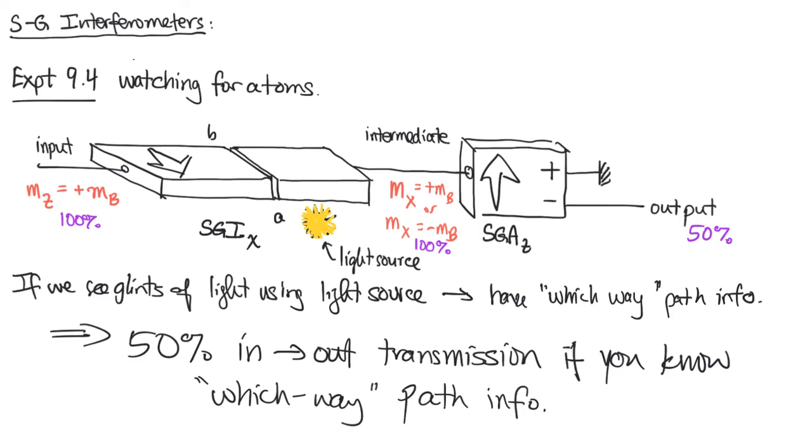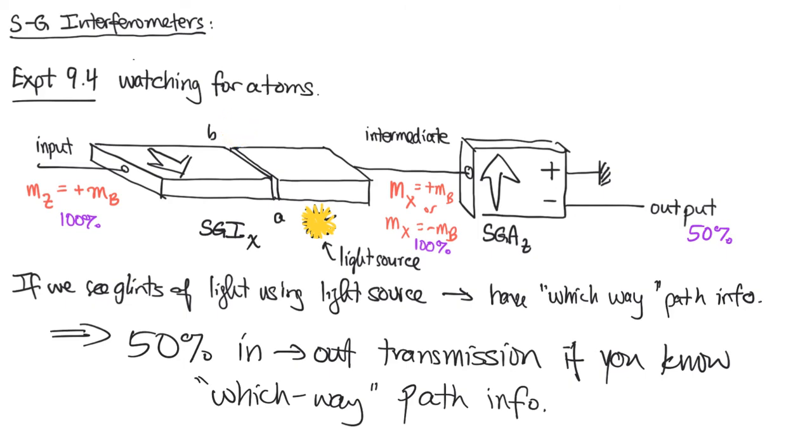Now we could put a light source at both of these ports. Put a light source at port A and port B, and then if we see a glint at A, the atom took path A. If we see a glint at B, the atom took path B, and that's fine. We could also get rid of the light source at B, for example.